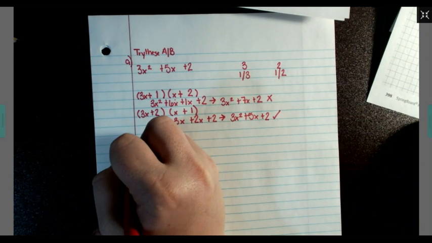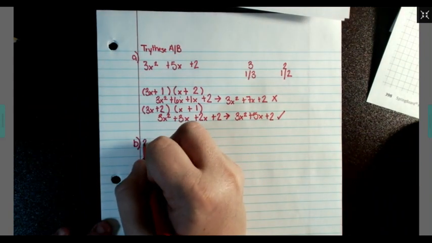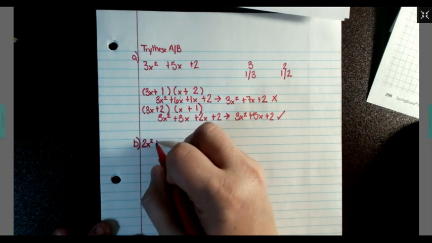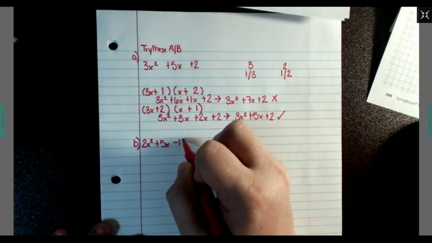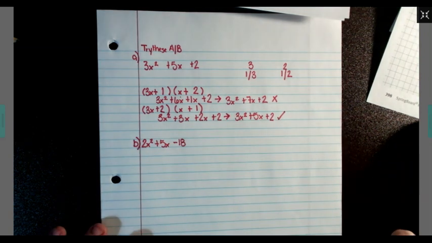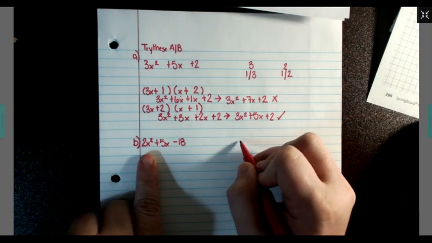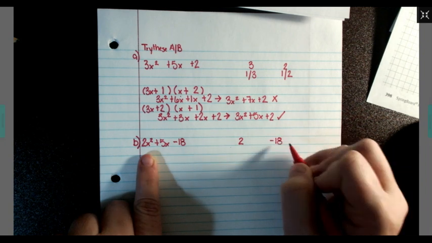All right, let's take a look at B. B was 2x squared plus 5x minus 18. Okay. So we have 2 and we have negative 18.